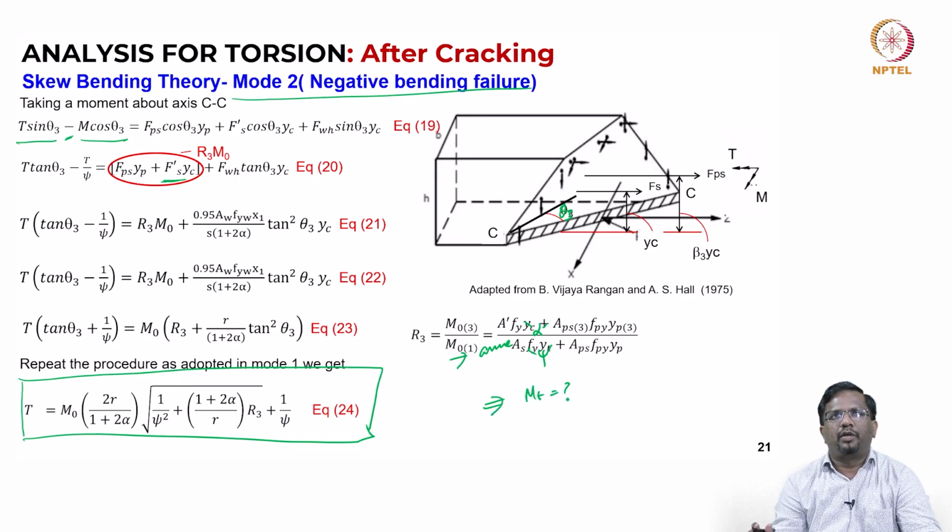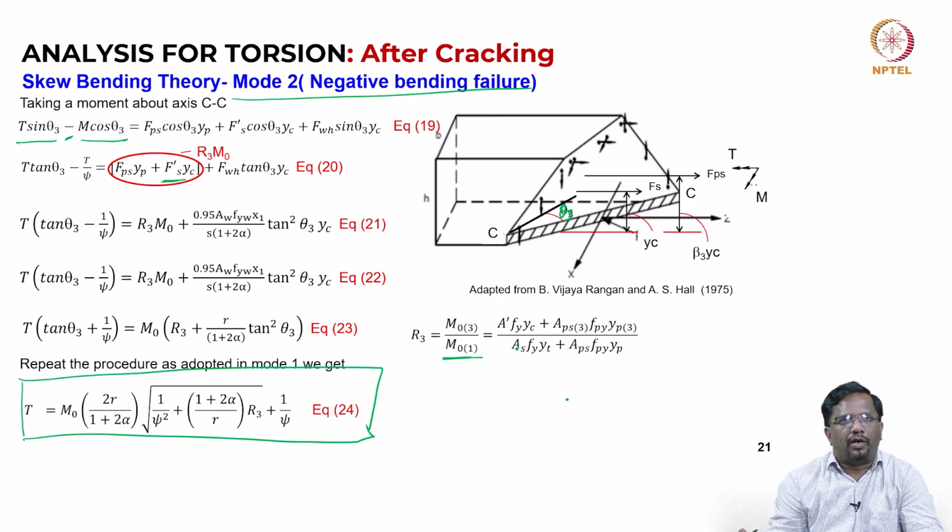So, these are some factors. Now, R3 is basically M0 for the third failure mode to M0 for the first failure mode. That is your R3 factor, and you can plug all these values to get your torsional moment in terms of your M0. These are some of the parameters that you can look at later.